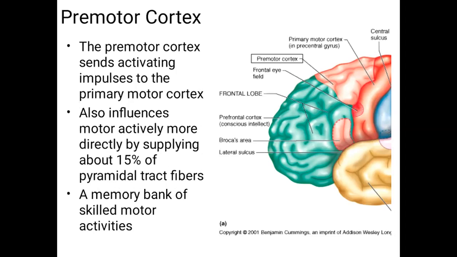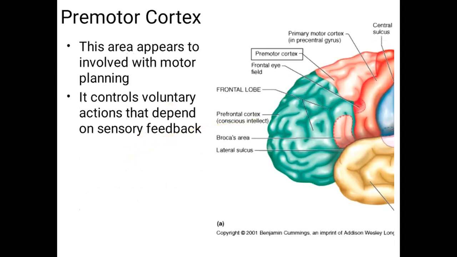As I told, the majority of pyramidal tract fibers arise from the primary motor area and 15% arise from the premotor area. They are also involved in motor planning.